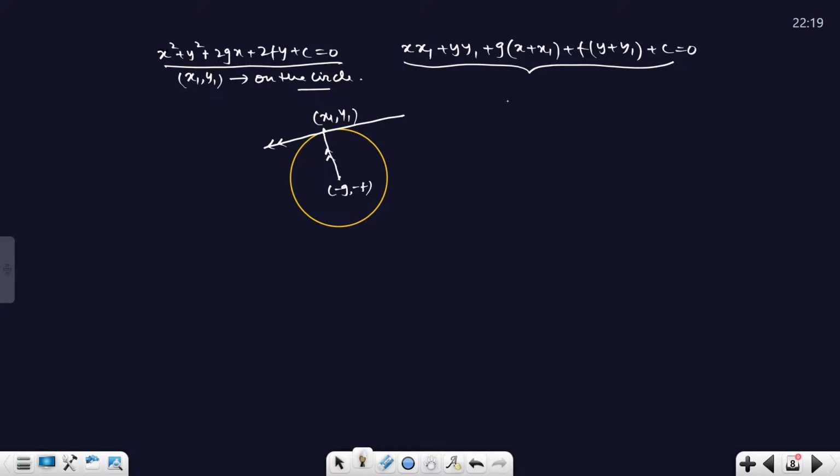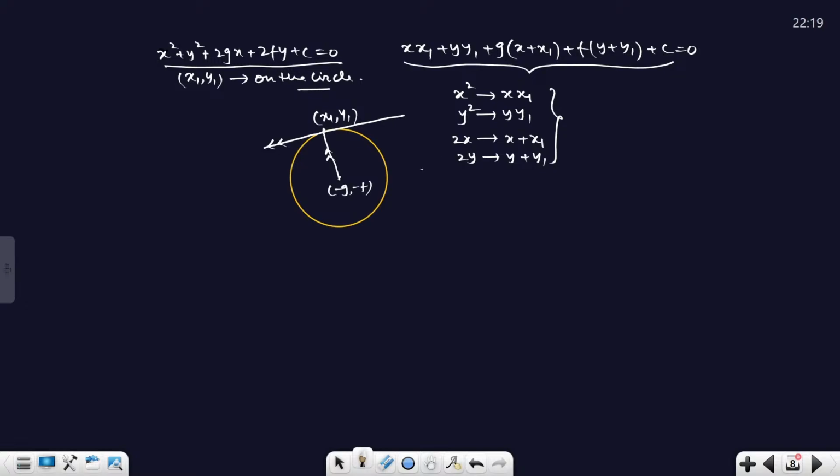If you really want to find out the Cartesian form of tangent, for any curve, you replace x square by xx1, you replace y square by yy1, you replace 2x by x plus x1, you replace 2y by y plus y1, and the other things of that curve will remain the same. And that will be the equation of the tangent.